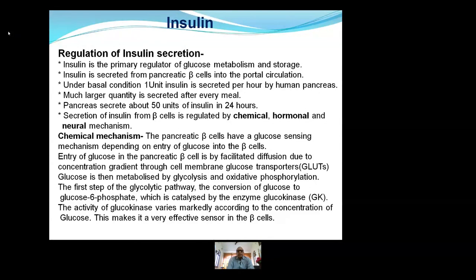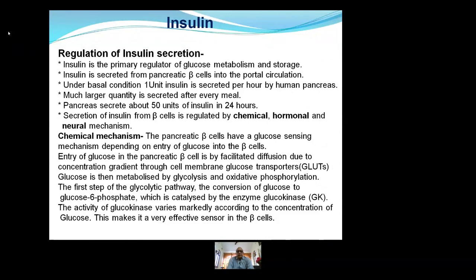Secretion of insulin from beta cells is regulated by chemical, hormonal, and neural mechanisms. There are three mechanisms of secretion of insulin. Chemical mechanism. The pancreatic beta cells have a glucose sensing mechanism depending on entry of glucose into the beta cell.